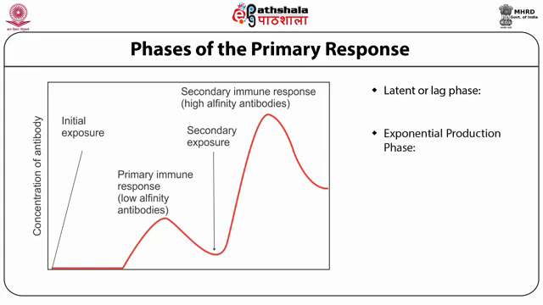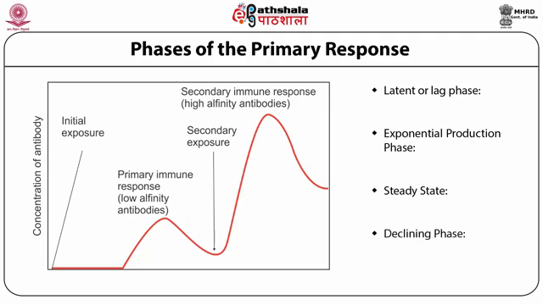Second is the exponential production phase, when the antibody concentration in the serum rises rapidly. Third is the steady state, when the antibody concentration reaches a steady level. This is the state when the rate of production of the antibody and its degradation are balanced.